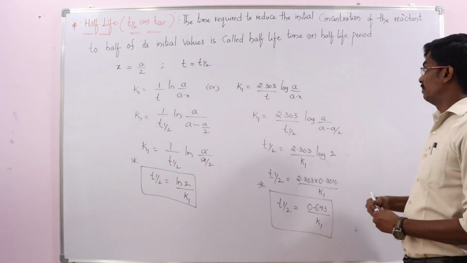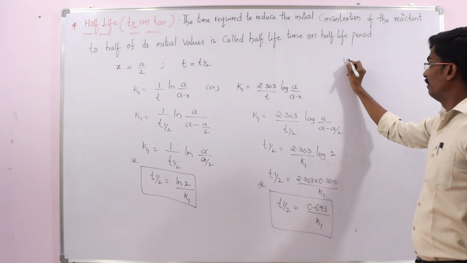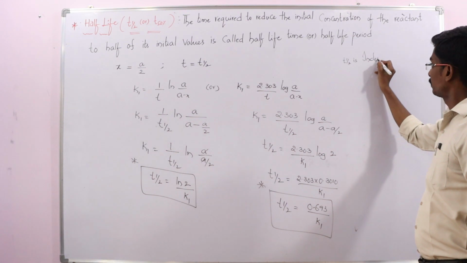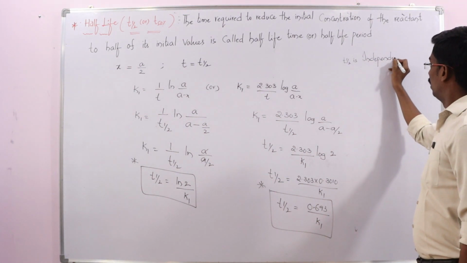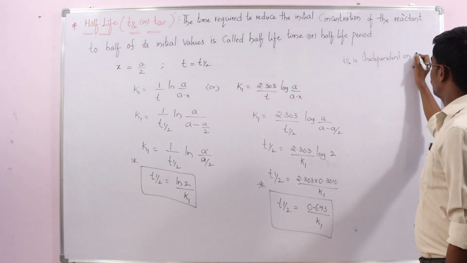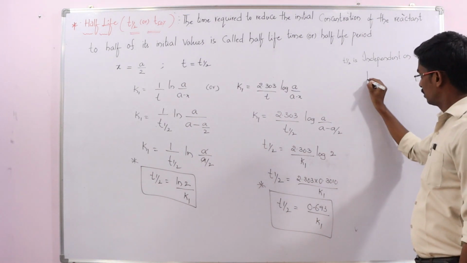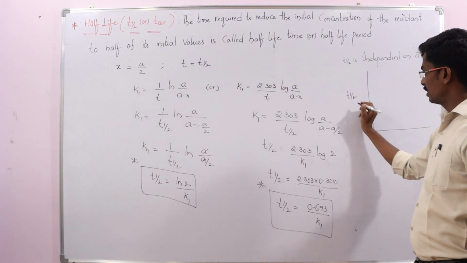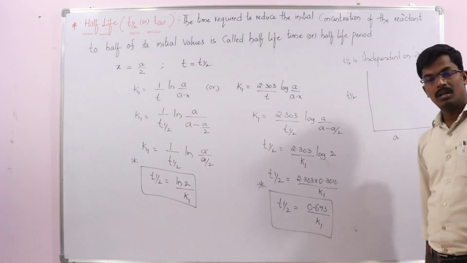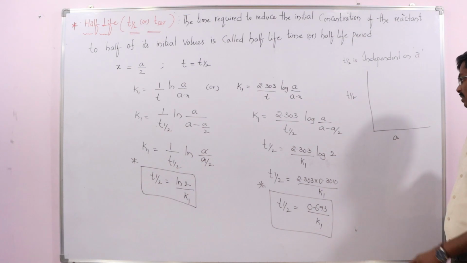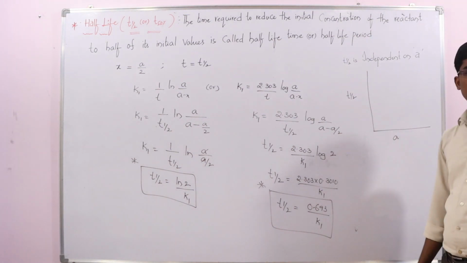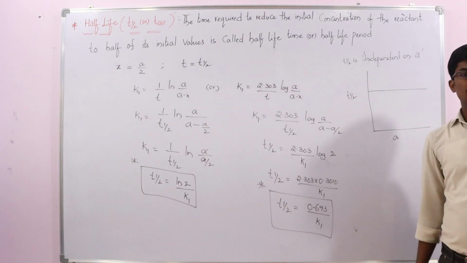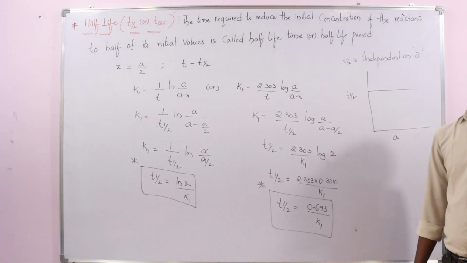So always remember that T of 50% is independent of initial concentration. So when you plot a graph between T of 50% versus A, if A changes, there is no change in half-life. We are not taking any change in half-life.